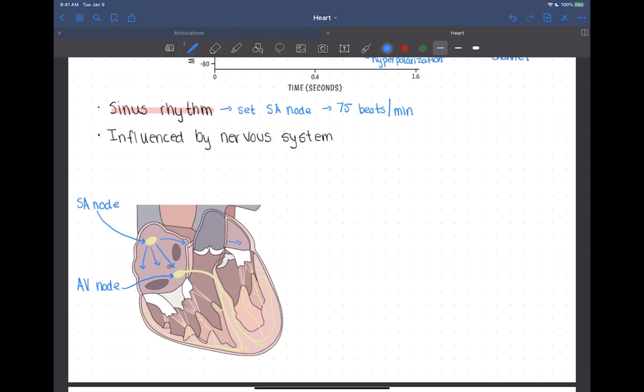Okay, and so the AV node is slower than the SA node. The AV node actually has its own pacemaker cells, and they fire at about 50 beats per minute. So it's slower, and essentially it's overridden by the SA node, which is faster and sets that sinus rhythm, but it does have its own pacemaker cells.